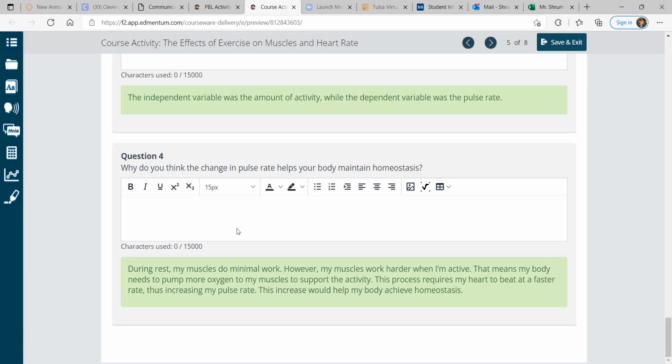That means the body needs to pump more oxygen to the muscles to support the physical activity. This process requires the heart to beat at a faster rate. Thus, this increases that pulse rate. And this increase would help your body achieve homeostasis. So it's always trying to maintain stability.